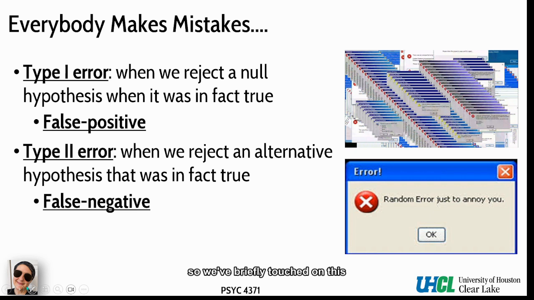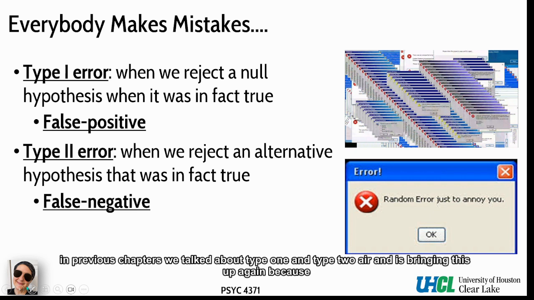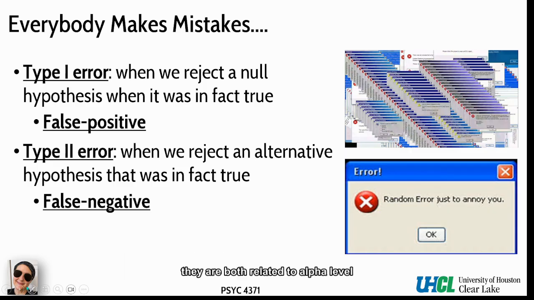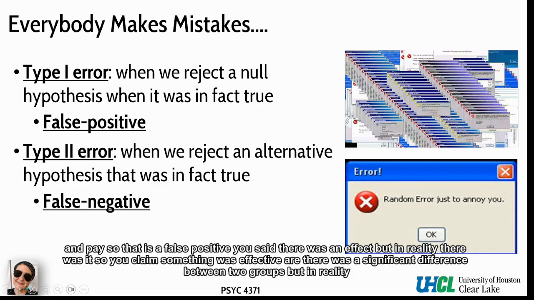So we've briefly touched on this in previous chapters. We talked about type 1 and type 2 error. I'm just bringing this up again because they are both related to alpha level. They're also related to internal and external validity. So type 1 error is when you reject a null hypothesis when it was actually true, okay?